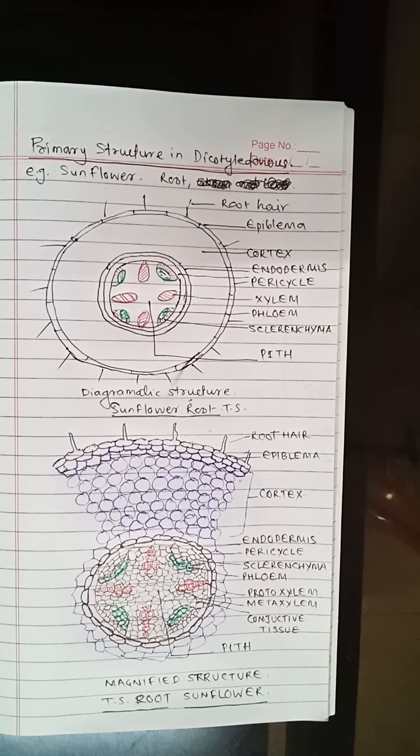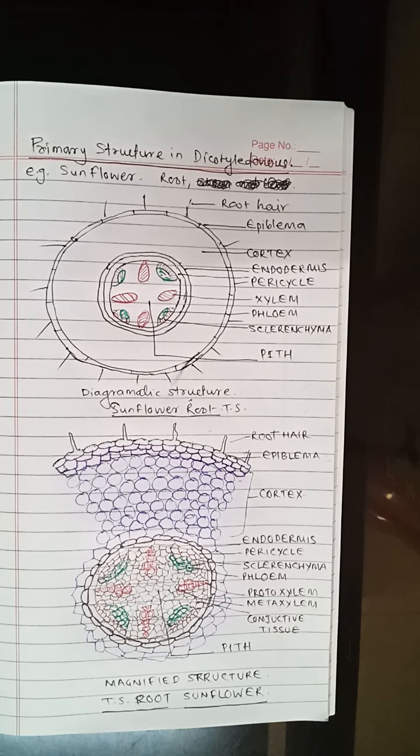The phloem consists of sieve tubes, companion cells, and phloem parenchyma. Opposite each phloem bundle, towards the endodermis, a patch of thick-walled sclerenchymatous cells is present.